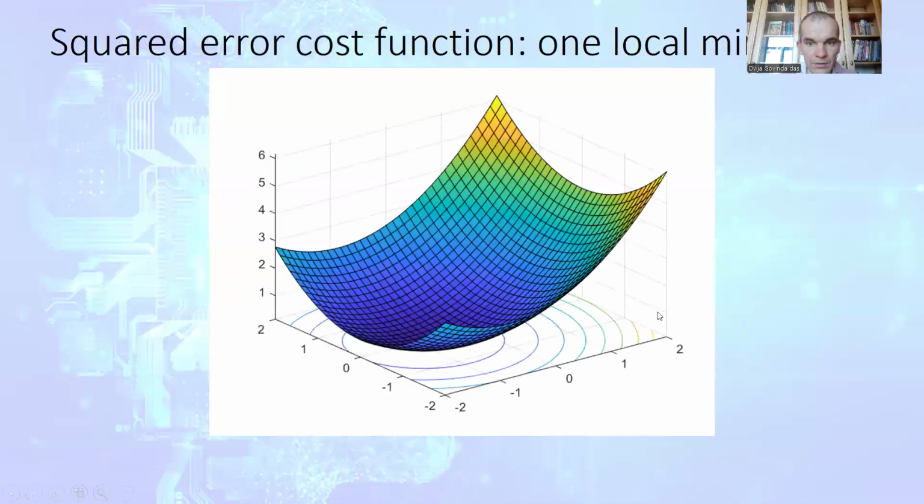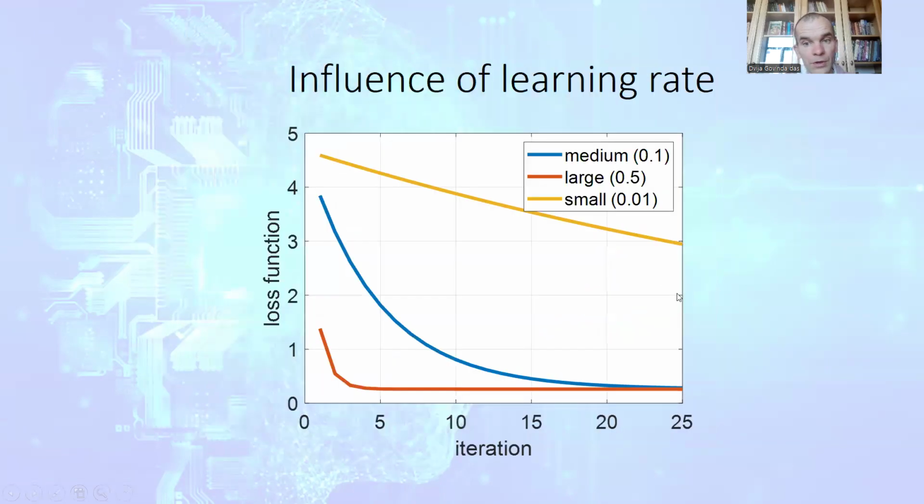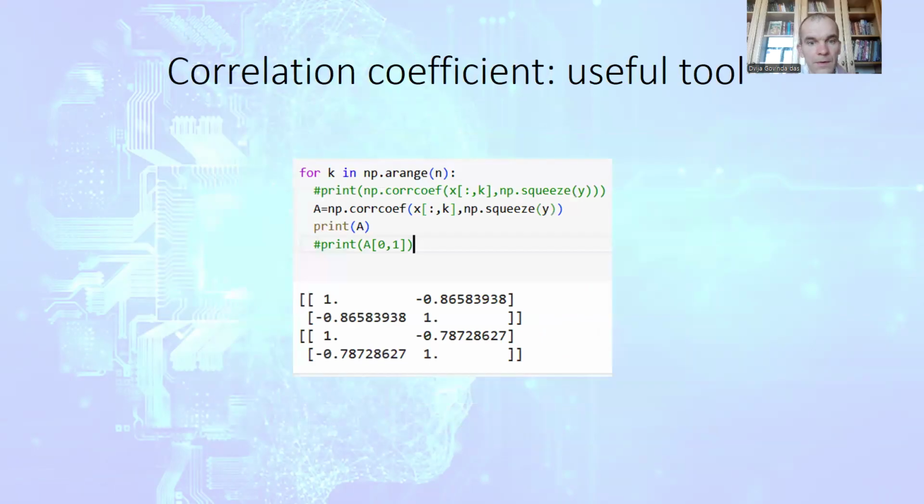So some stopping criterion is required. Again, for linear regression, the cost function has only one minimum point, so the local minimum is global minimum, so it can be found by gradient descent. In more difficult cases for multimodal functions, there could be several local minimums, and the question of initial approximation is of very crucial importance. Again, the influence of learning rate is essential.